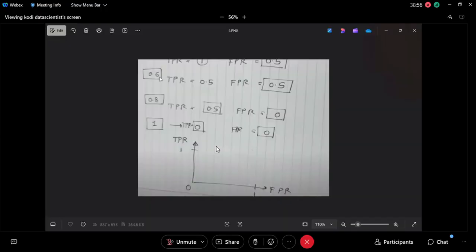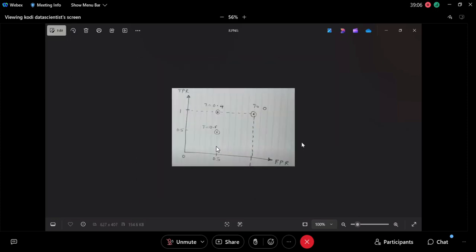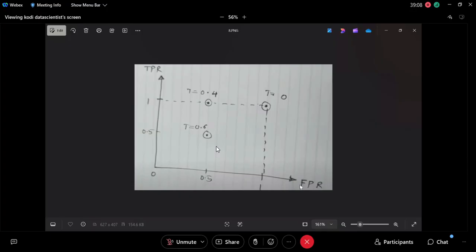What is 0.6? TPR 0.5, FPR 0.5. At 0.8, 50% TPR, 0.5 and FPR 0. So what happened if I try to mention this? Do you see this is FPR, this is TPR, correct? At 0, and at 0.2, the value is how much? 1, 1, guys.